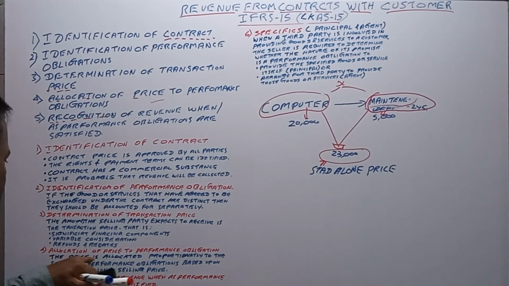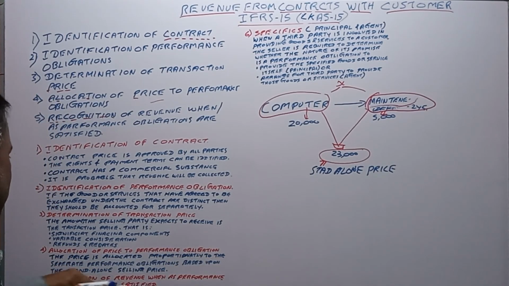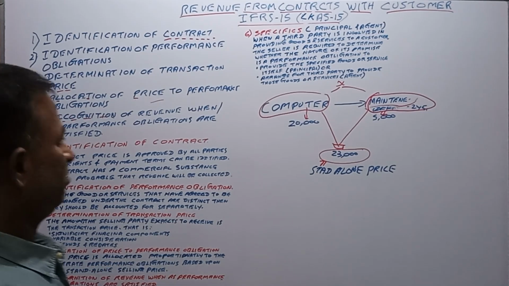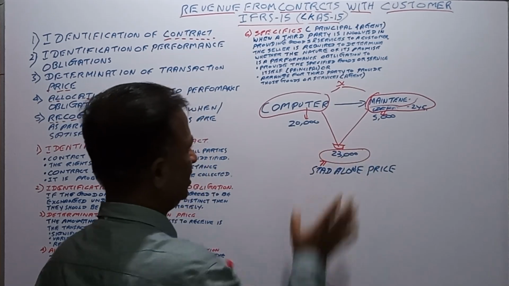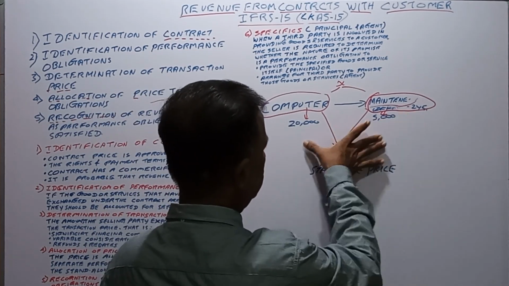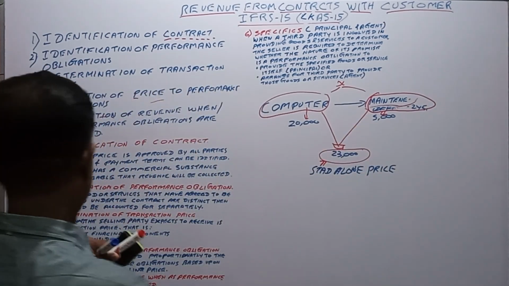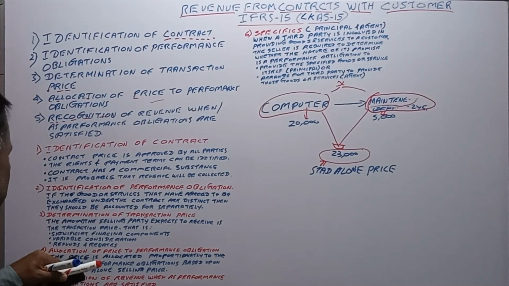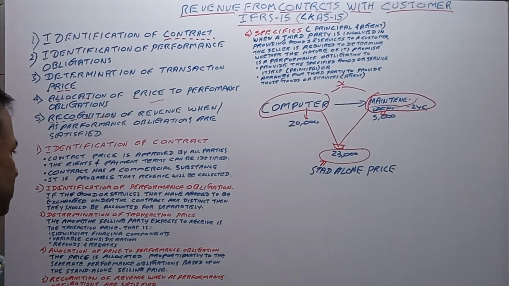That's what they say. The price is allocated appropriately to the separate performance obligations based upon the standalone selling price. If you sell both together at this stage, they want to know how you can allocate the price. That is the fourth one, allocation of price to performance obligation.